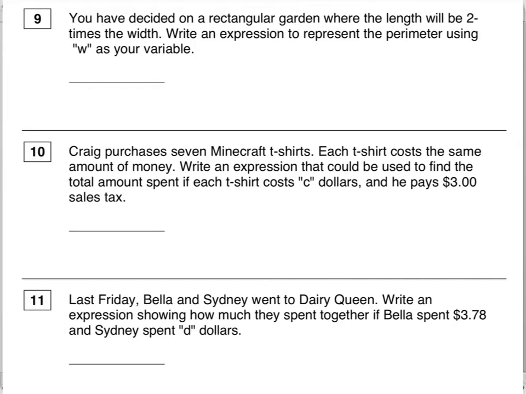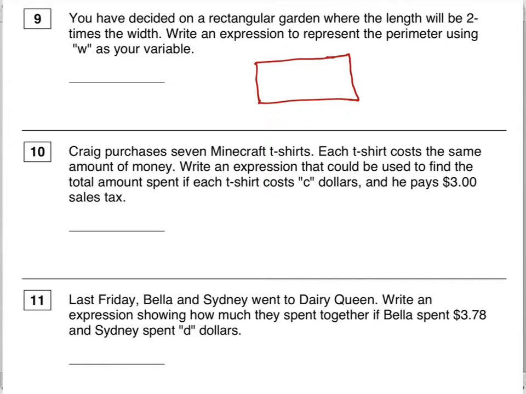All right, so this one is a little bit different than things that we have typically been working with. You have decided on a rectangular garden. So I'm going to actually draw this. I've got my rectangular garden where the length will be 2 times the width.